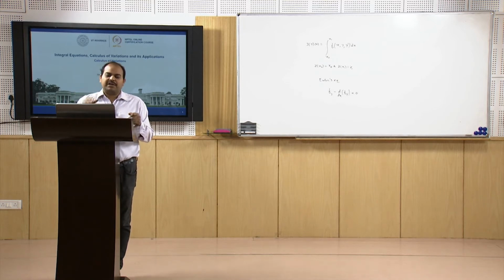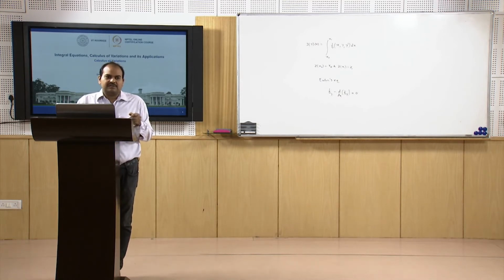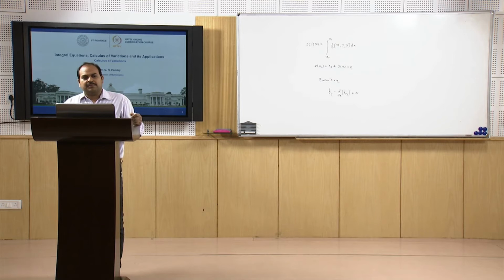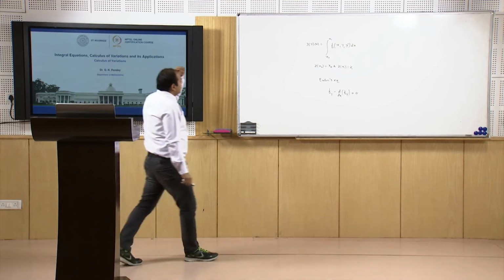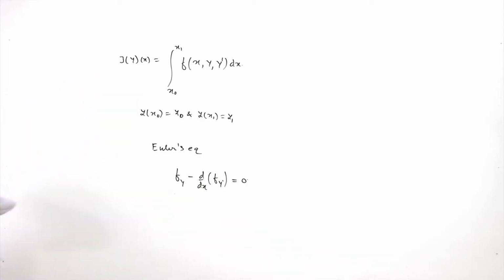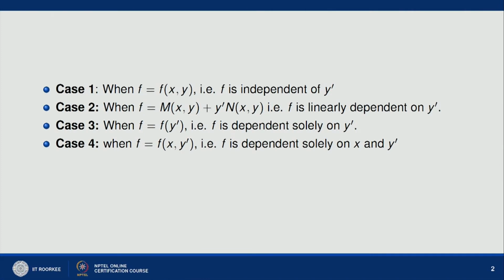Otherwise, if M is identically equal to N of x, then the extremal is basically coming out to be constant, and it does not depend on any curve y of x. So in this case the extremal of the functional has no meaning, because it depends only on the end points. So in case 2 there are two sub cases, and we have discussed these two sub cases and examples also based on this.